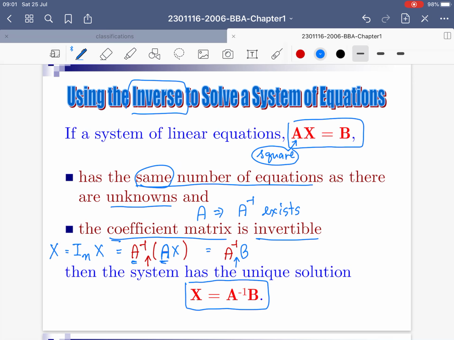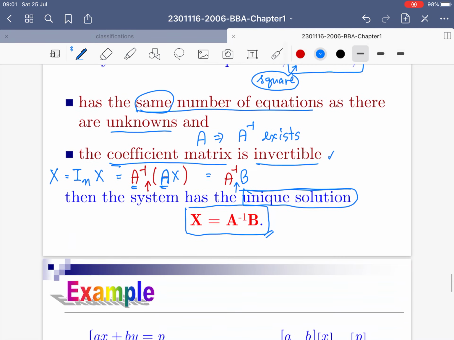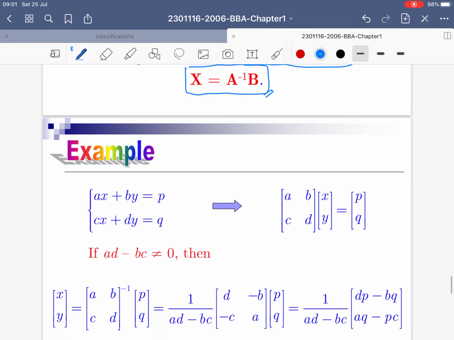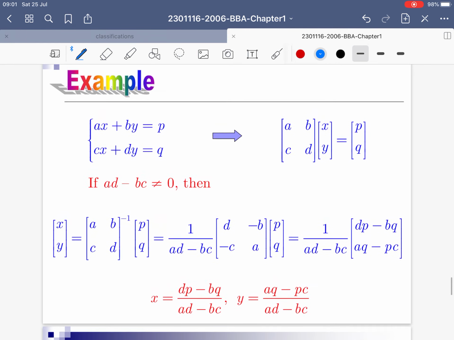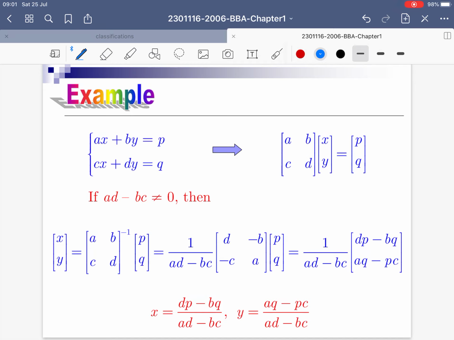And if A is invertible, of course, the system has only a unique solution. So for example, I don't want you guys to remember all this. If you can remember, it's okay.